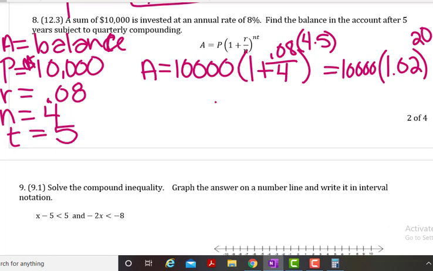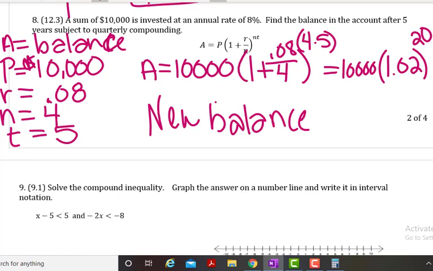Placing this into my calculator, I end up with a new balance of $14,859.47.